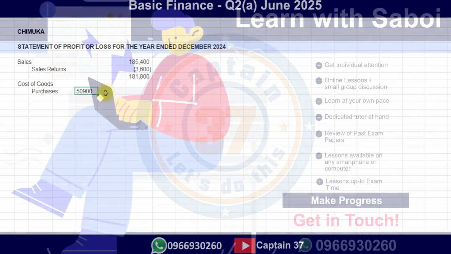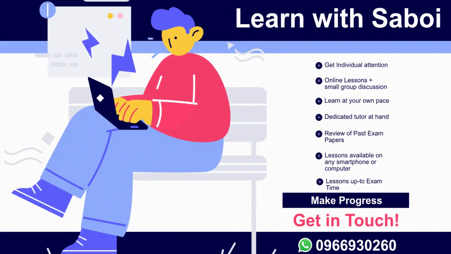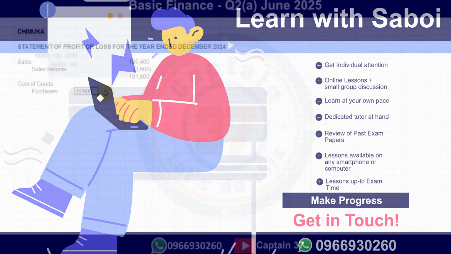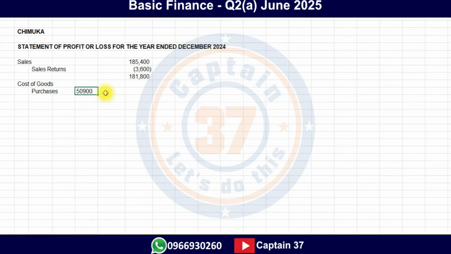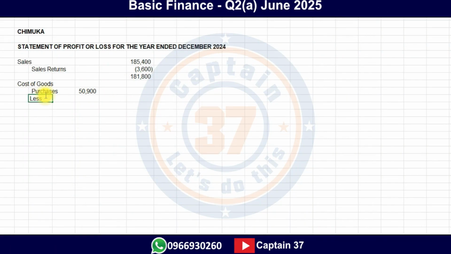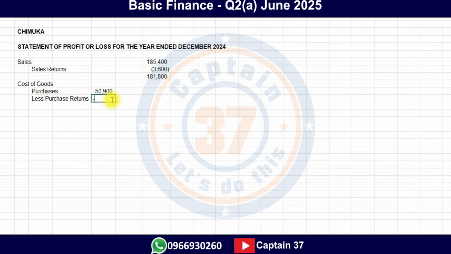Yes, we've been told that there are purchase returns. Chimuka is the one that purchased, but some of the things he bought may not have been to his liking, and he takes them back. So you have to less purchase returns. The value for purchase returns is 6700.